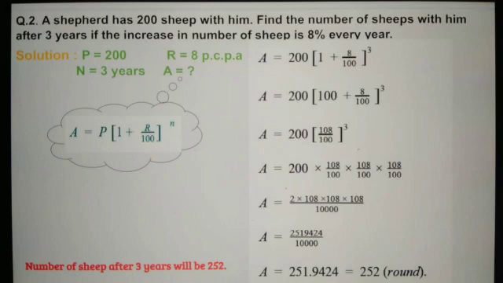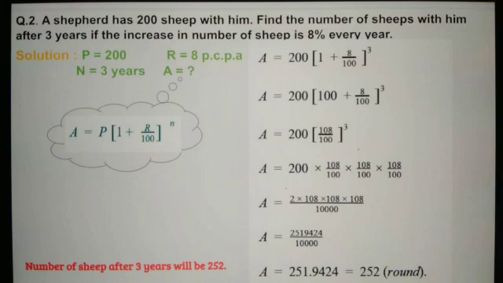So again, first you will write down the formula. A is equal to P 1 plus R upon 100 to the power of N. A is equal to, substitute the value, 200, 1 plus 8 upon 100 to the power of 3. A is equal to 200, cross multiply 100 plus 8 upon 100 to the power of 3.